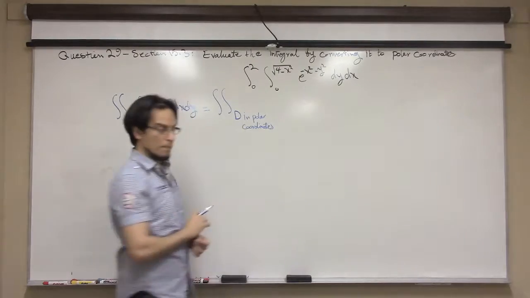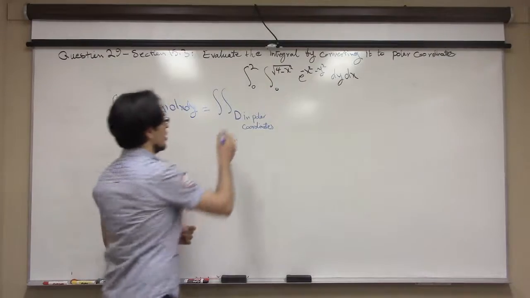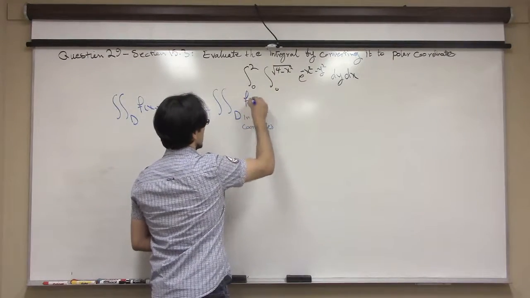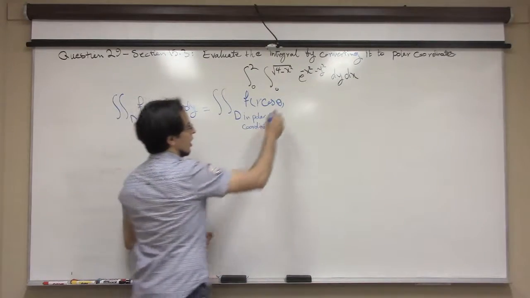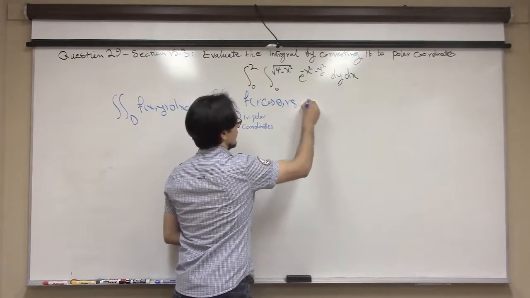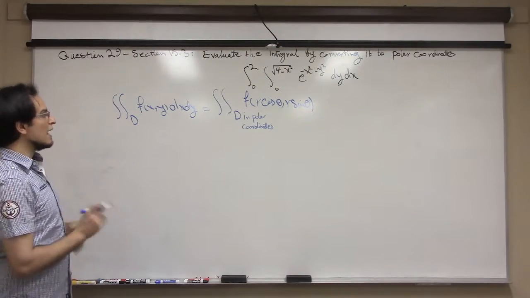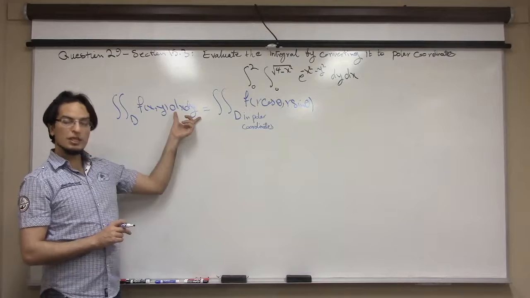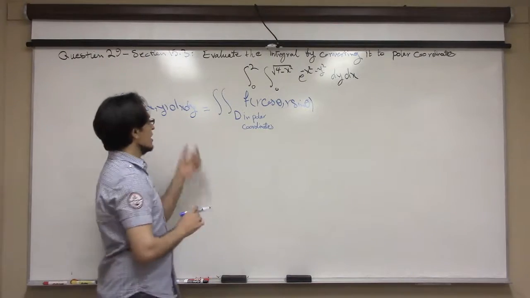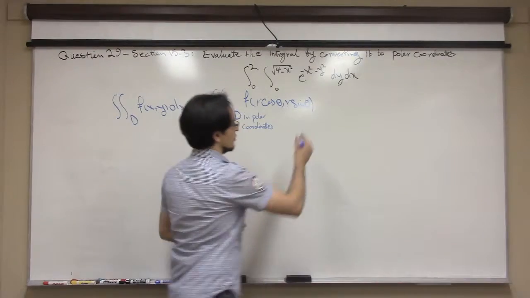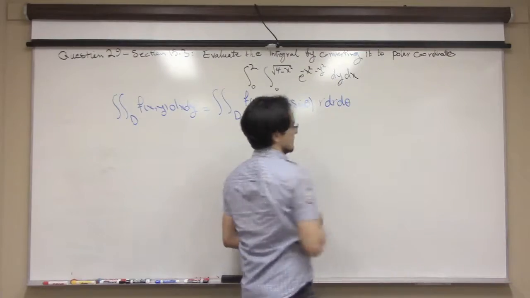Then the second step is to change the integrand by plugging in r cosine theta for x, r sine theta for y. The last thing would be rewrite dx dy, or the surface element, in polar coordinates. dx dy in polar coordinates is going to be r dr d theta.